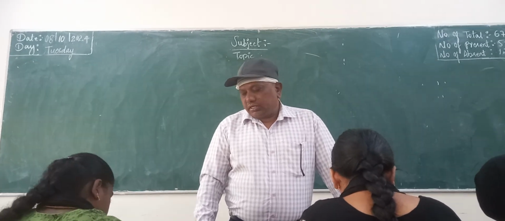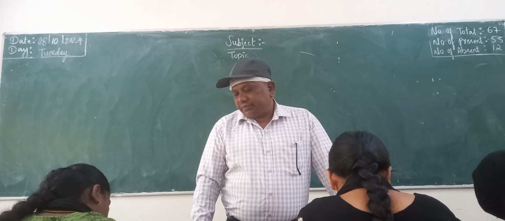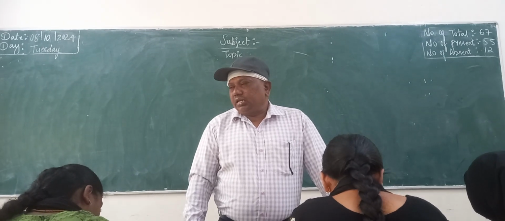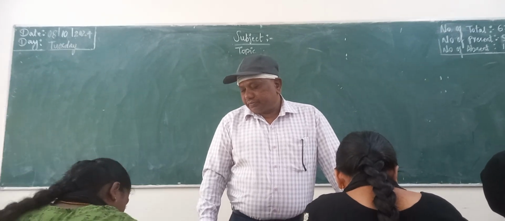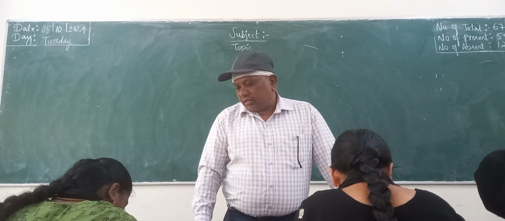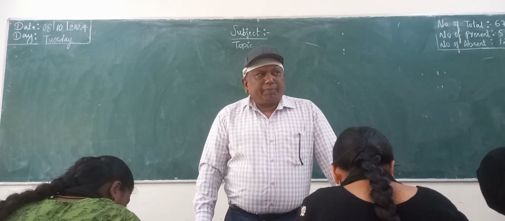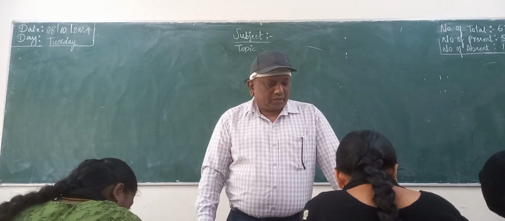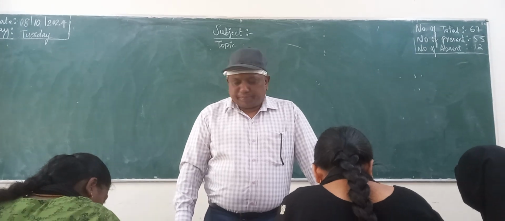Adjustments. First one, number of employees: Department A 4, B 2.